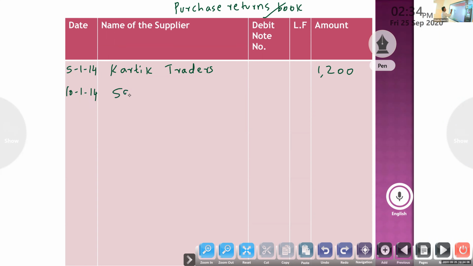So name of the supplier, Sahil Private Limited. Then amount is directly given, 2,500. Next, 17th. Goods returned to Kohinoor Traders. So name of the supplier, Kohinoor Traders.